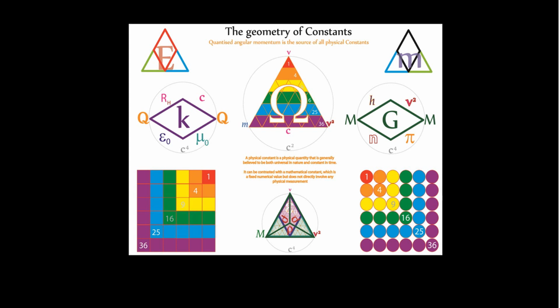What's been missing is, firstly, the equilateral geometry and an understanding that that's what squared numbers explain, and then applying that to Planck's constant to realize that the quantized angular momentum of Planck's constant is the source, is this hidden constant.